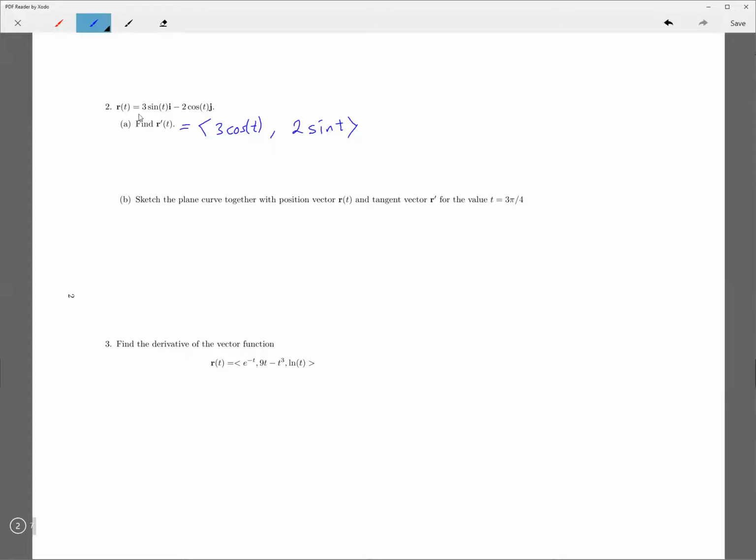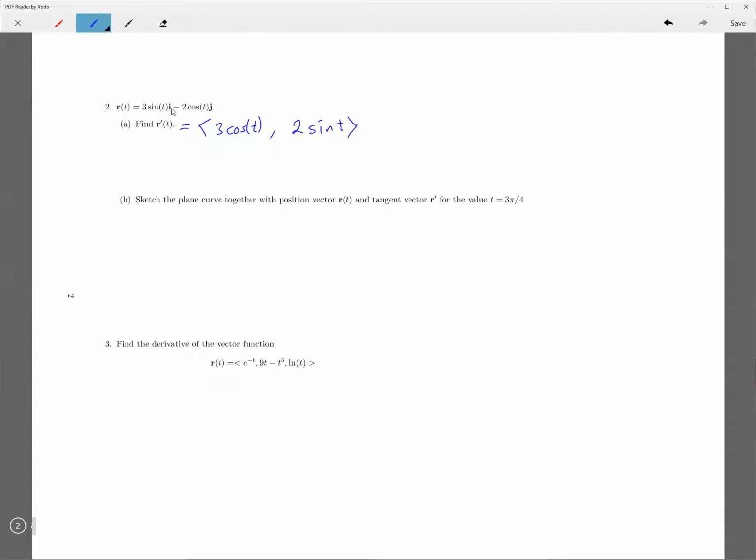Now, what we discussed last time was if this is a 3 and that's a 2, and there's a negative right there. If this was a 3 and that was a positive 3, then that would be a circle, right? That's what we discussed.